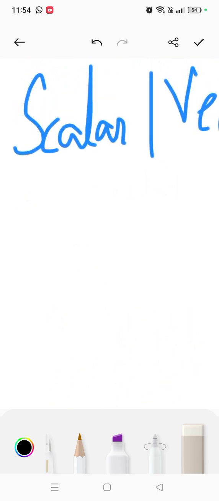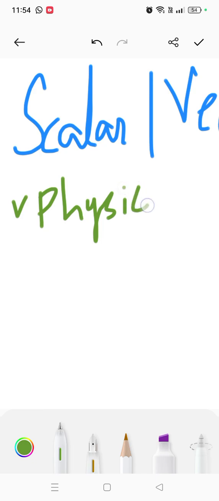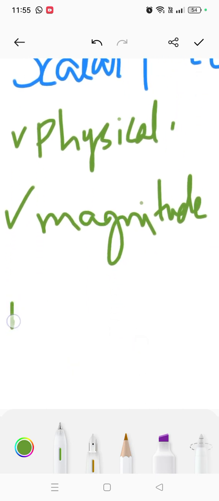Physical quantities, they specifically have magnitude only. Why I'm just saying magnitude only, just because in vector you will find magnitude plus direction, that's why. In this one you will see that they have a particular unit as well.